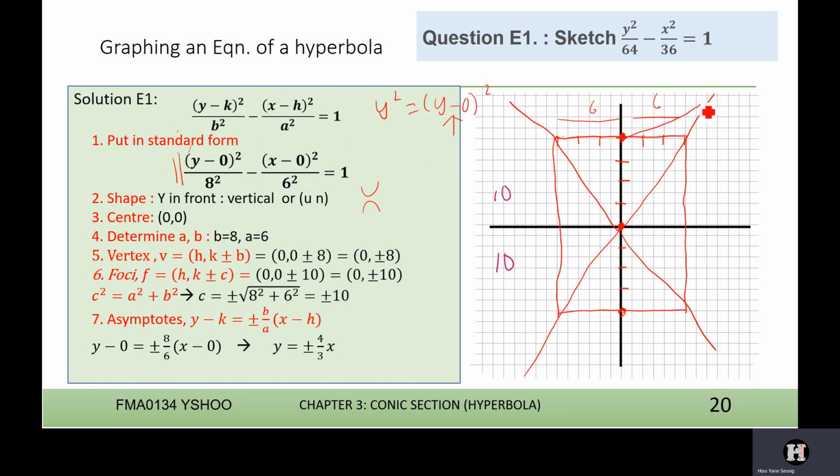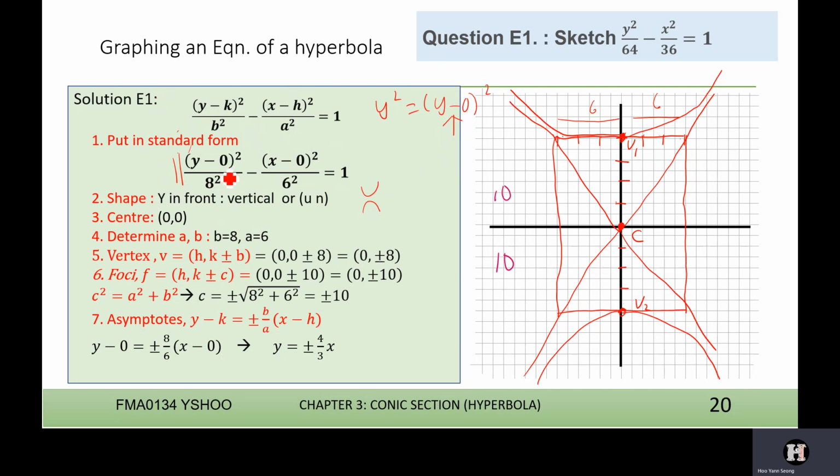When you see your asymptote turn up, it goes up here. For here also the same, you're going down. Vertices we just label as V, center we label as C, so this is V2.